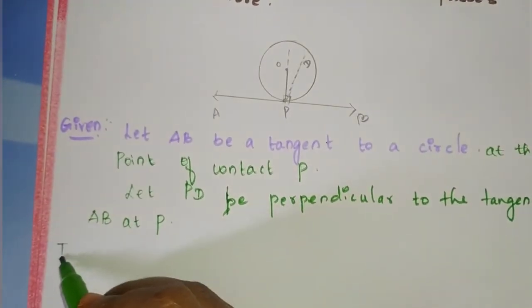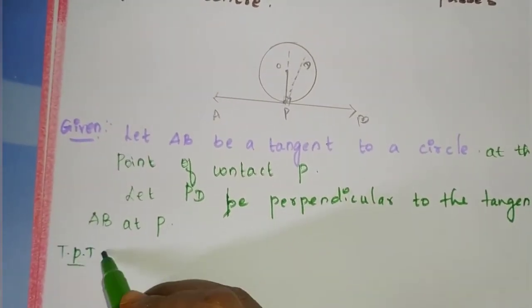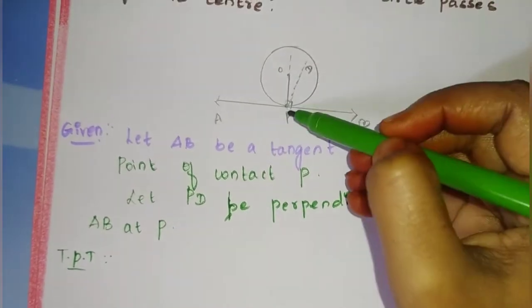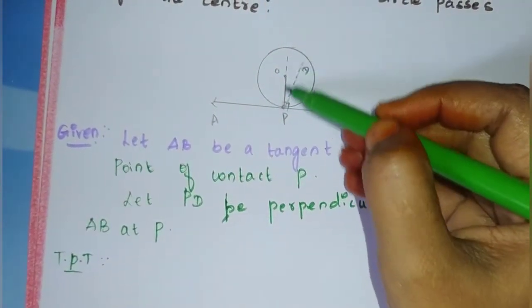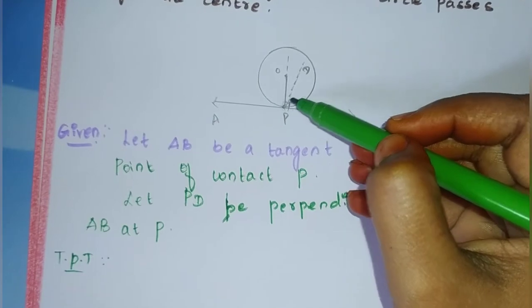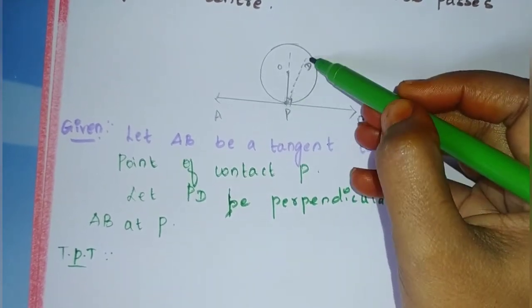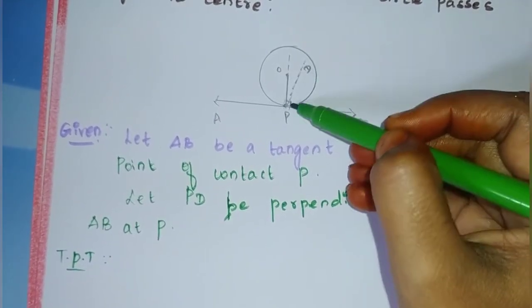Then we have to prove that, actually this line must lie on OP only. To consider, I am drawing like this.